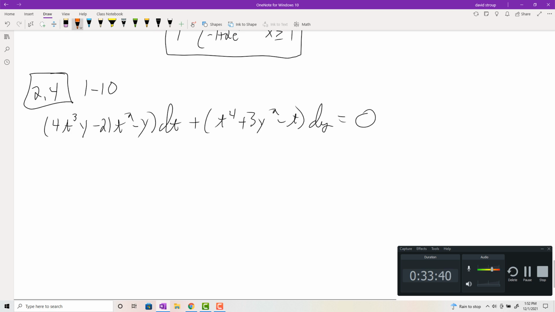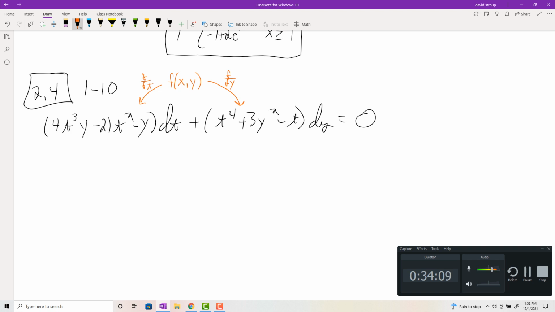The spiel was we predict that these things are the results of taking partial derivatives of some ultimate potential function at the top of the pyramid, this f of x, y. If you took the derivative of this with respect to x, in this case with respect to t, you would get the left part. If you take the derivative of this with respect to y, you get the right part.